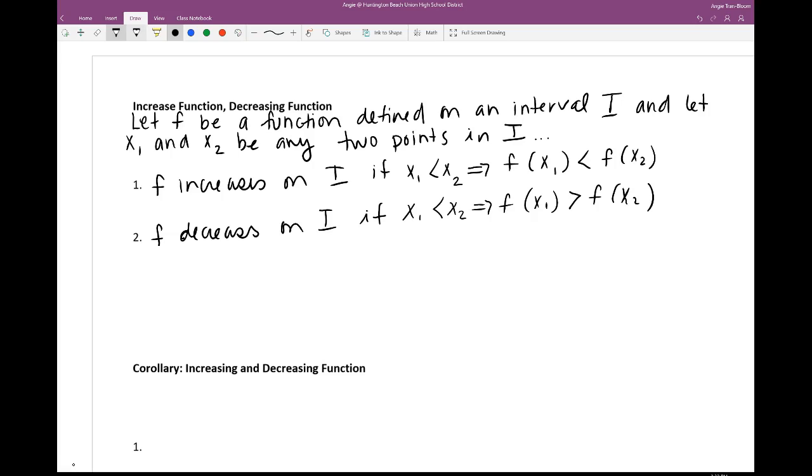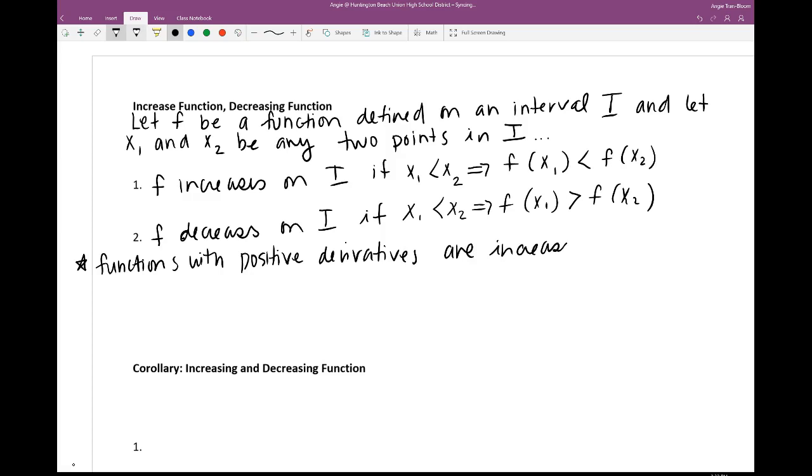Okay, so let me give you some extra information here. Functions with positive derivatives are increasing. Okay, and so now we will use the derivative to say that it's increasing or decreasing, which is a lot easier than before.